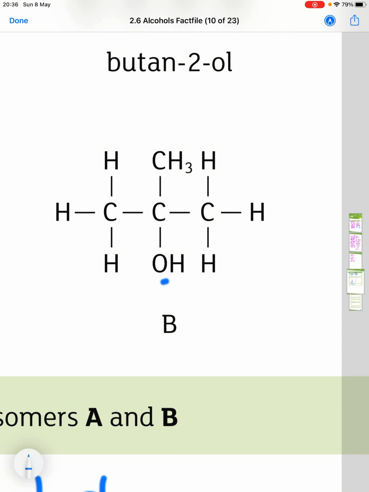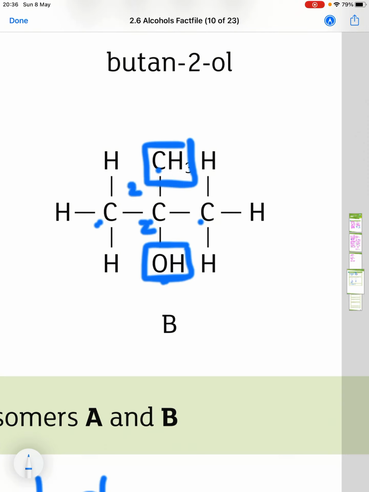Now looking at B, again I'm going to look at this hydroxyl group here. It's right in the middle, so if I start at this end I've got 1, 2, 3 carbons, or if I start here 1, 2, 3, so it doesn't make any difference which end I start from. So this is going to be on number 2, and I've got a methyl group which is also on number 2.